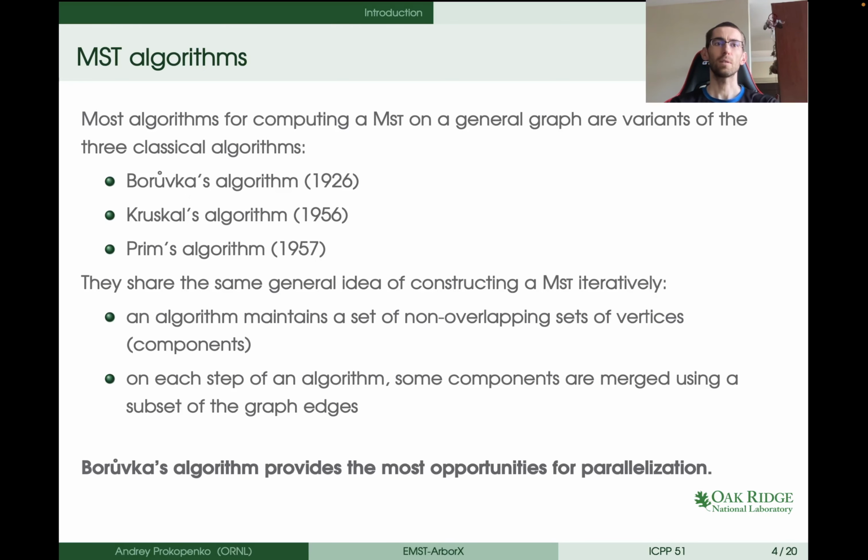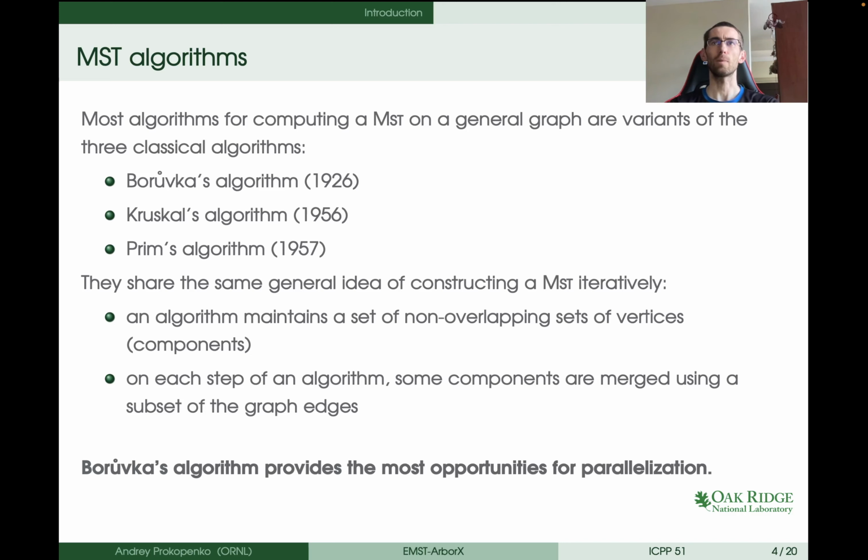Throughout the years, there have been developed multiple methods to compute MST on a general graph, but they all are variants of the three classical algorithms: Boruvka algorithm, Kruskal algorithm, and the Prim's algorithm, which were developed in the 20th century. And they all operate on the same general idea of constructing MST iteratively.